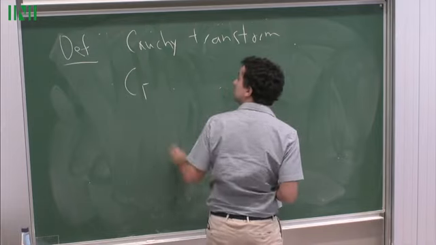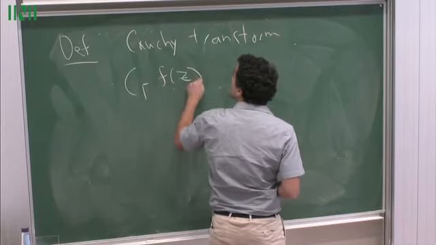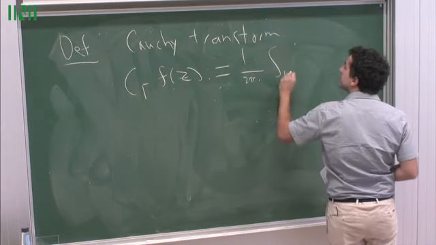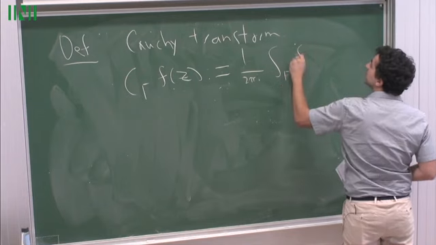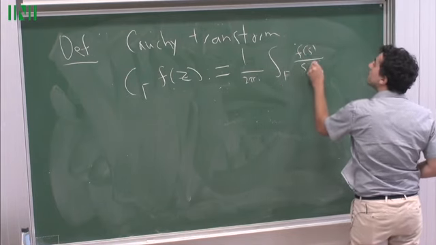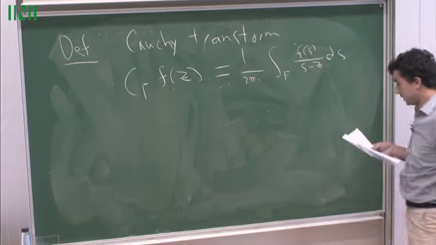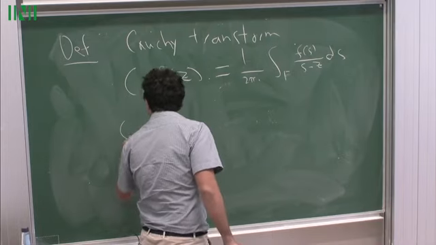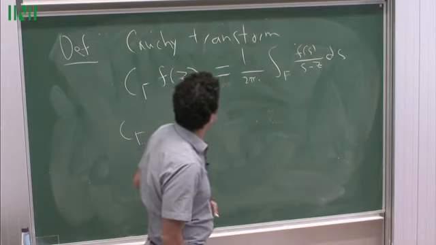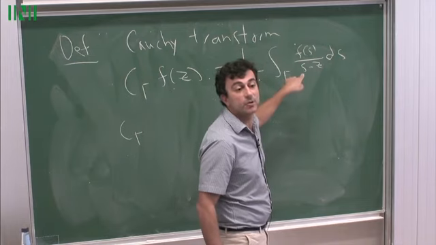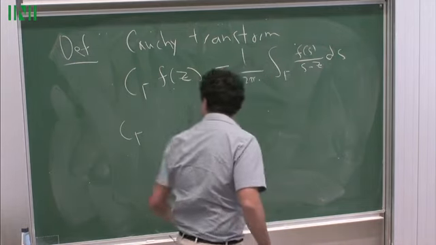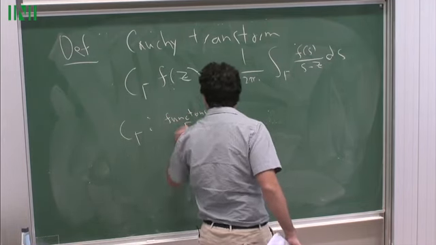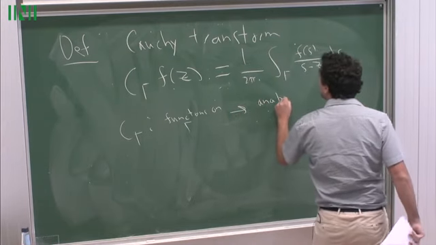I'm going to use this notation: C_gamma f of z is defined to equal 1 over 2 pi i times the integral over gamma, I guess I'm using s. And the key point is that we can think of it as a transform from functions f defined only on gamma to functions analytic off gamma. So C takes functions on gamma to analytic functions off gamma.